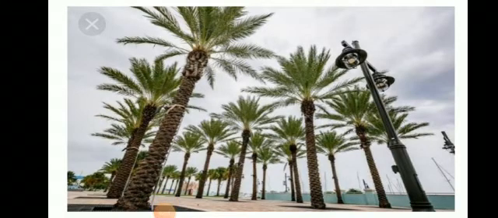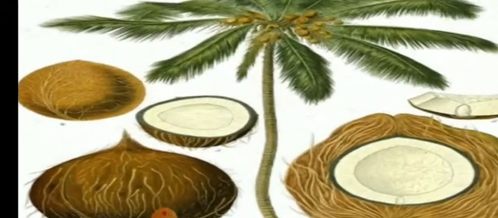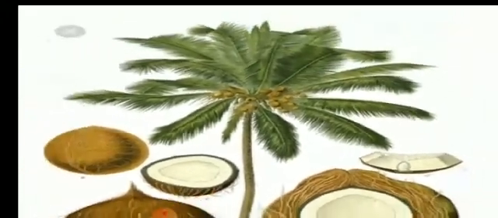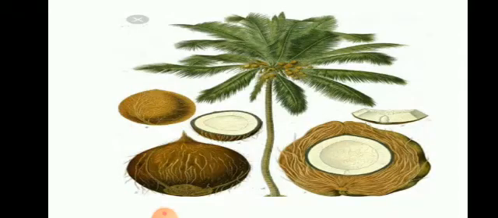For example, near the beach and coastal areas, we can see more palm trees. Clear, children? Why are coconut trees mainly grown in the coastal region? The stems of plants that grow in coastal regions are strong and flexible. The stems of coconut trees are very strong and flexible, and the leaves are made up of thick long strips to bear the strong winds.